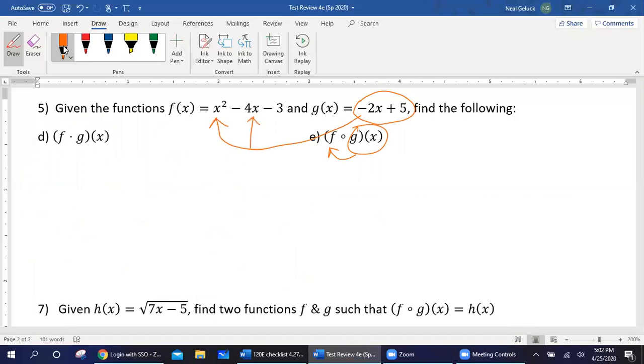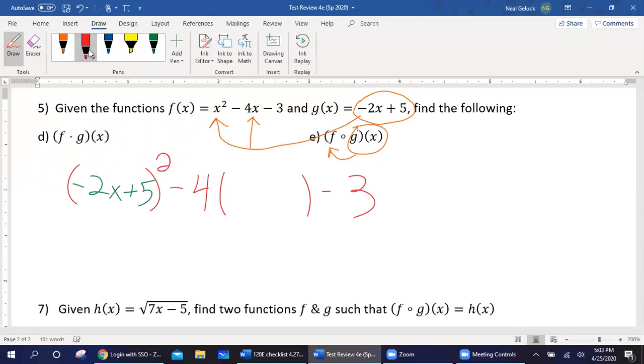So what is this going to look like? This is going to be negative 2x plus 5, squared, minus 4 times negative 2x plus 5, minus 3.